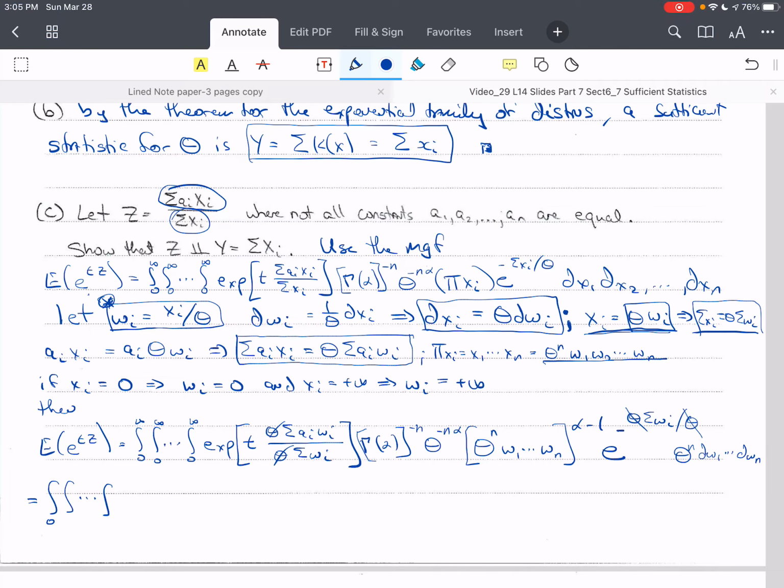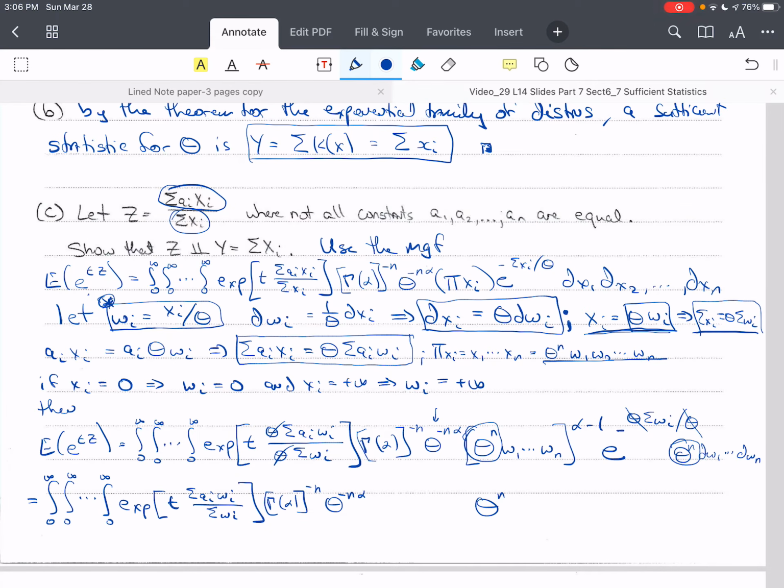And this is equal to the multiple integral from 0 to infinity of exp of t times the sum of a_i w_i over the sum of w_i. And then I'll have gamma of alpha to the negative n, I'll have theta to the negative n alpha, and then I will have theta to the n times theta to the n times alpha minus 1.